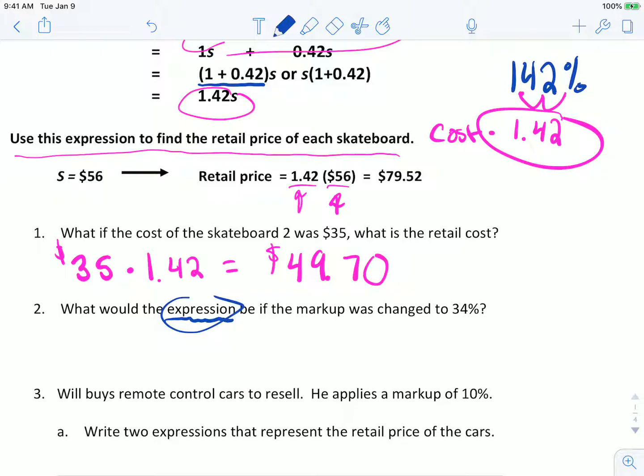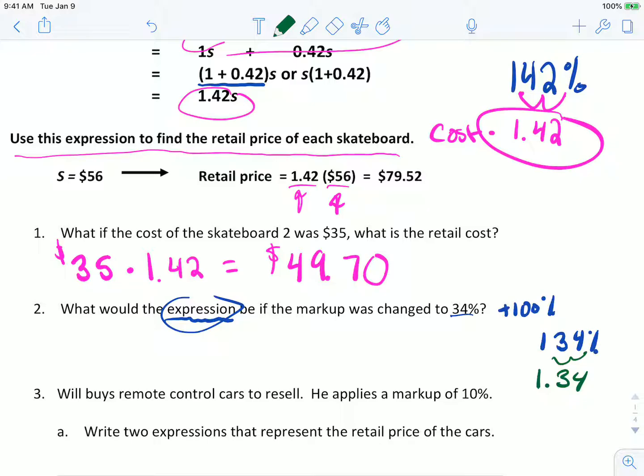So it's the cost. What would be the expression if the markup was 34%? So 34% plus 100%, you're actually paying 134%. And what would that be as a decimal? 1.34, just like yesterday.